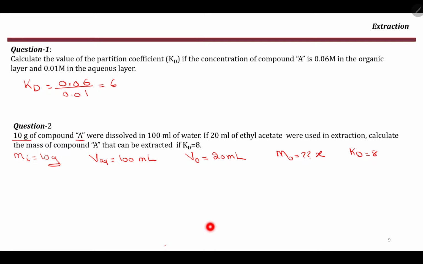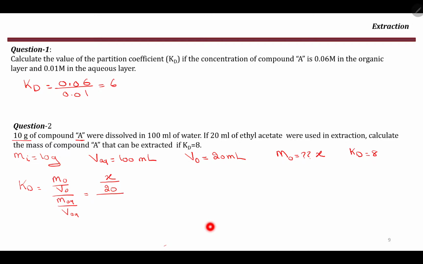So now we will just put the equation first. So KD value is equal to mass organic over volume organic, over mass aqueous over volume aqueous. Now, the mass organic is the unknown, so it's X. Volume organic is 20 milliliters.